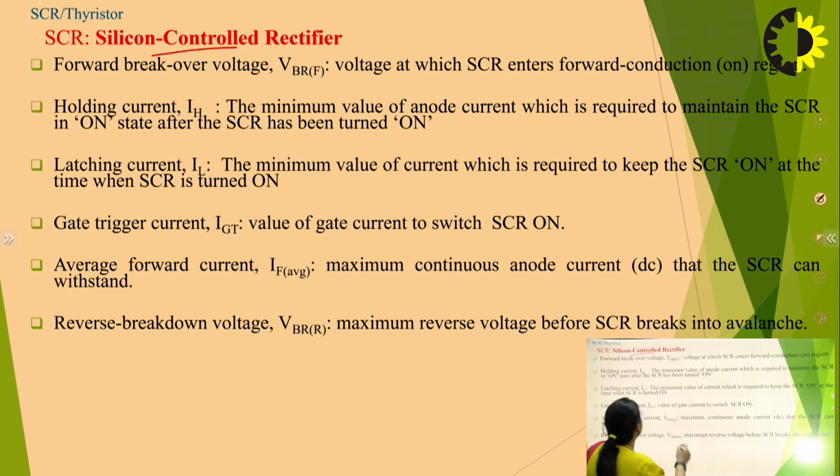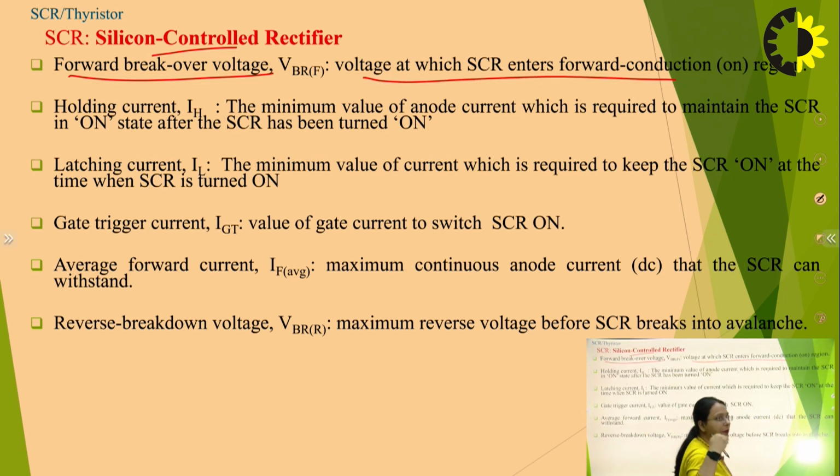First of all, the forward breakover voltage. It is the voltage at which the SCR will enter into the forward conduction mode, right. If I increase the anode voltage to equal or exceed the forward breakover voltage, then the SCR will at once shift to the forward conduction mode, right.